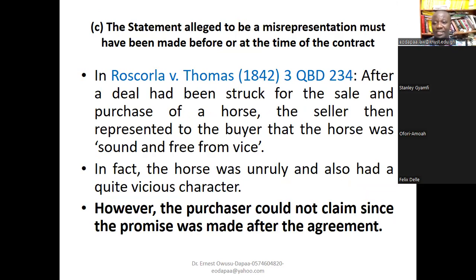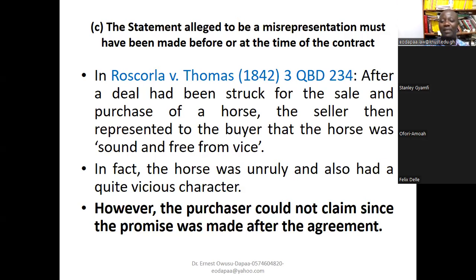And a good illustration of the point that the statement should have been made at the time the contract was made, or before the contract was made, is the case of Roscorla and Thomas. The case of Roscorla and Thomas. Now, if you look at Roscorla and Thomas, there was a contract for sale and purchase of a horse.